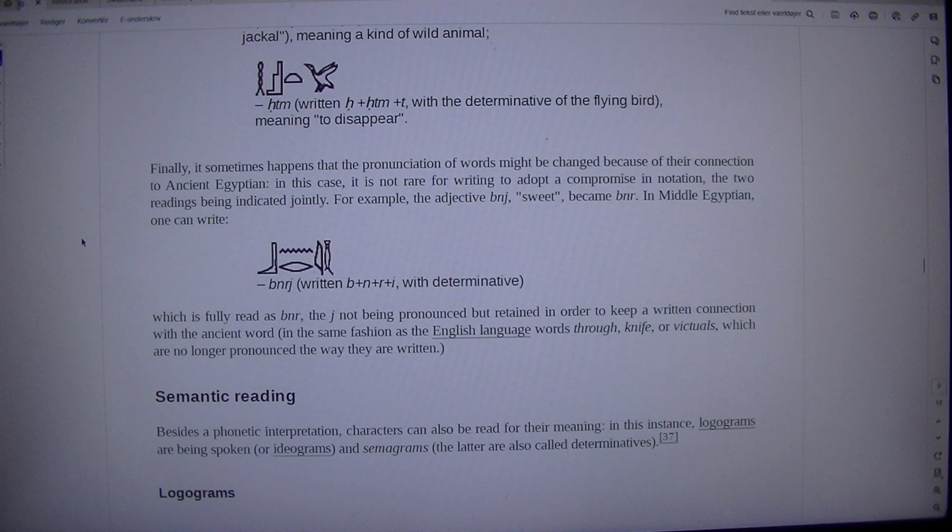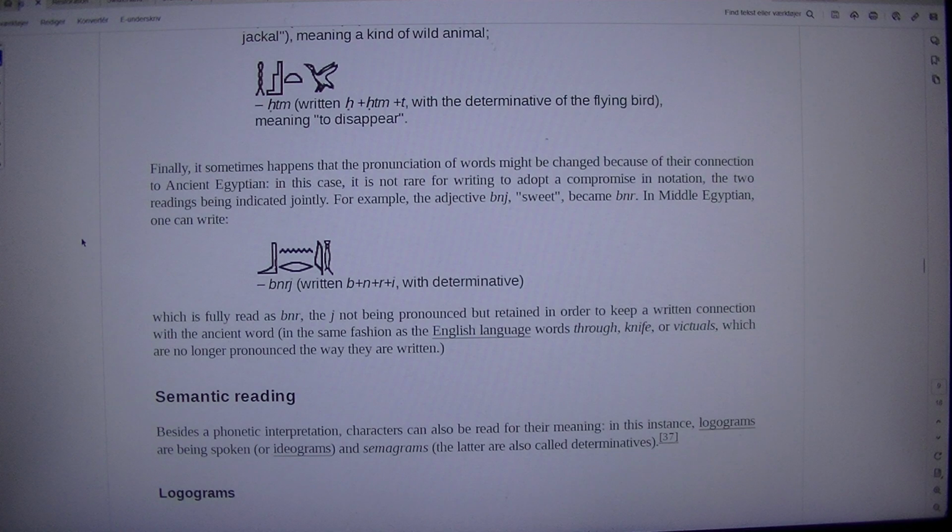In Middle Egyptian one can write B, N, R, I, M30. BNRJ, written B and N and R and I, with determinative, which is fully read as BNR, the J not being pronounced but retained in order to keep a written connection with the ancient word, in the same fashion as the English words through, knife, or victuals, which are no longer pronounced the way they are written.